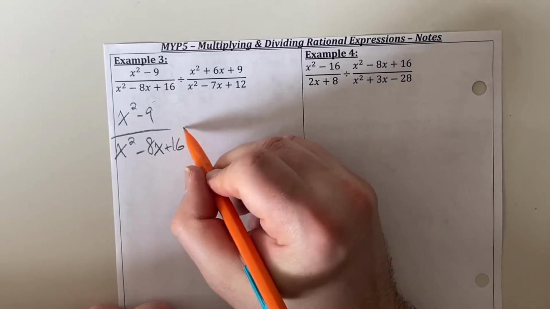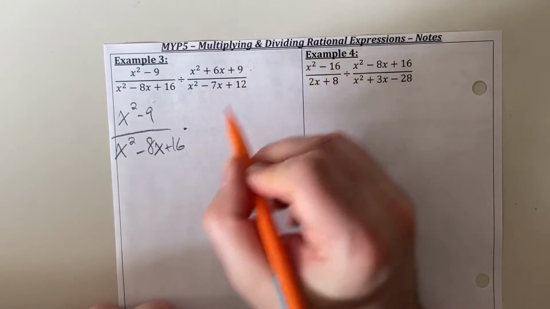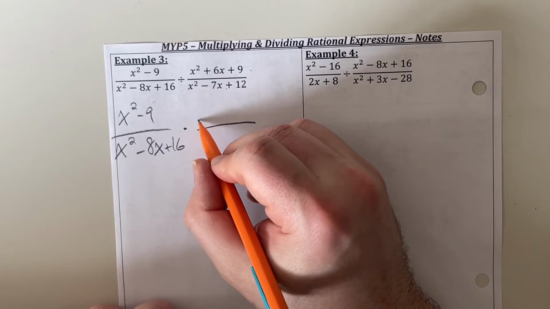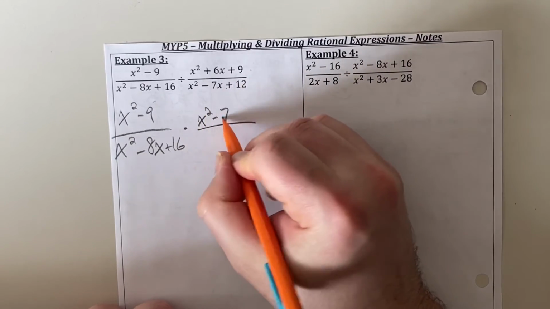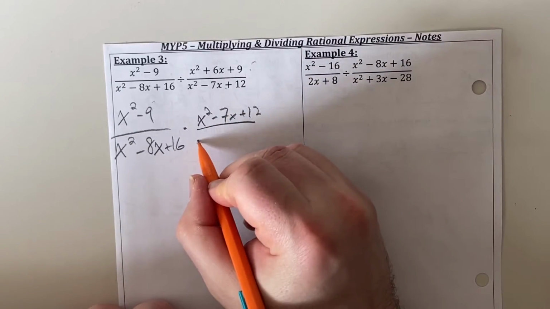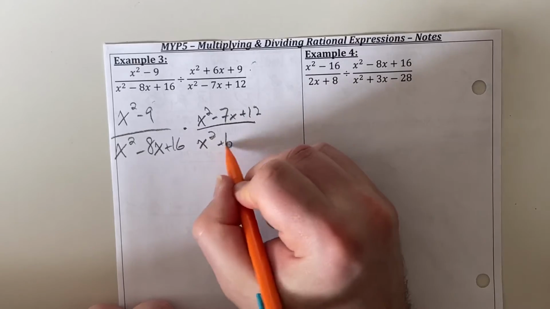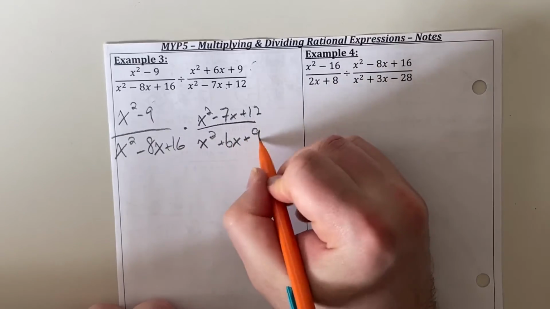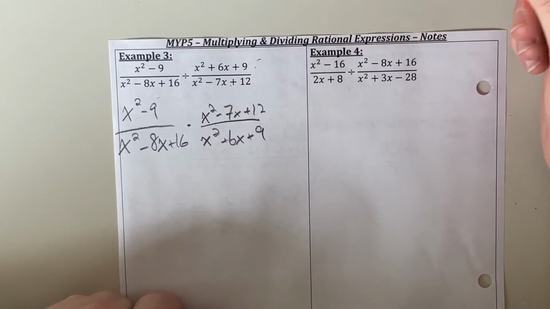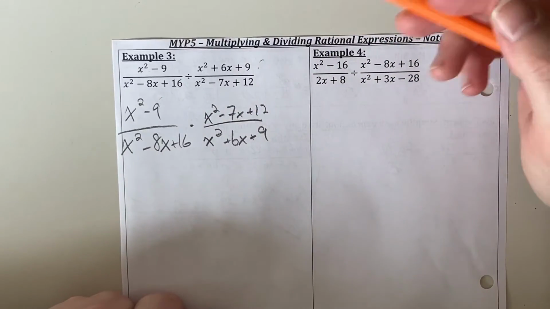What I can do is multiply by the reciprocal. So that means have your denominator in the numerator now. So I have x squared minus 7x plus 12, and have the numerator in the bottom now. So I'm going to say x squared plus 6x plus 9. And make sure you flip your fraction, multiply by the reciprocal.